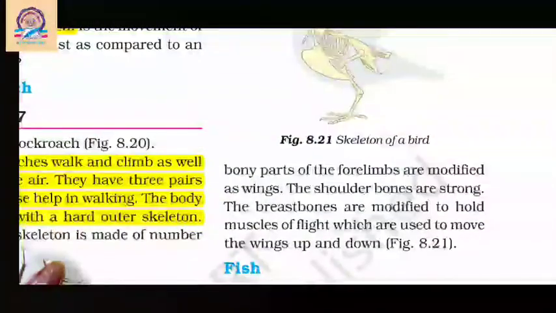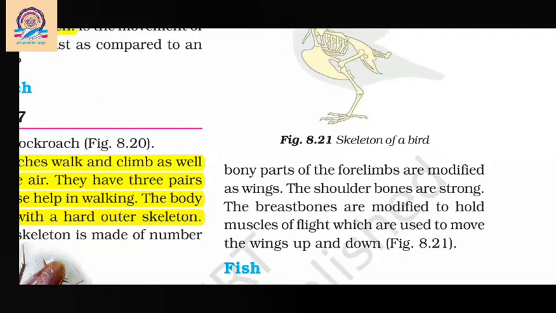It is made so that it can hold the flight muscles, which are used to move the wings up and down. So here is the way birds can move easily, fly or walk. Okay, is it clear how birds move? With this we have completed our fourth part of chapter 8, body movements.